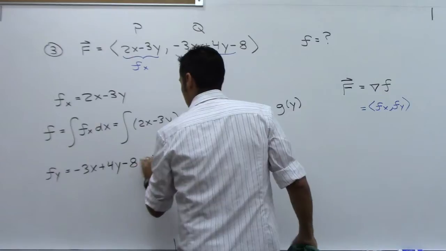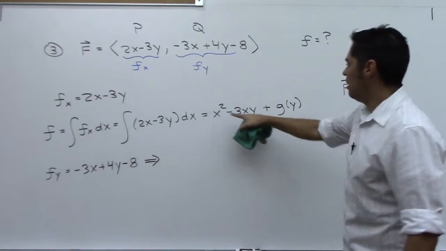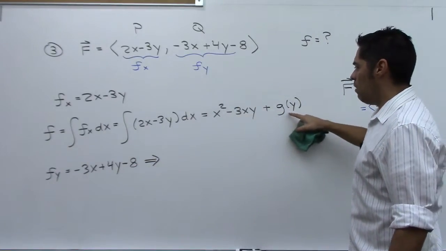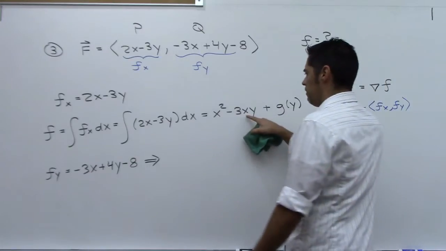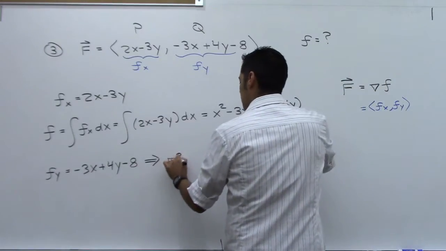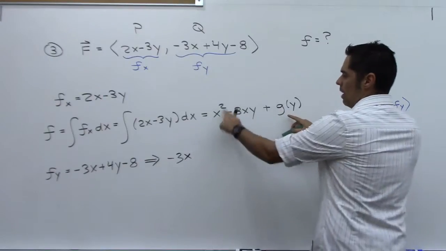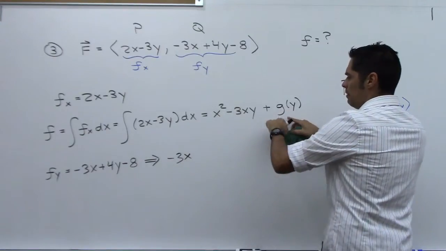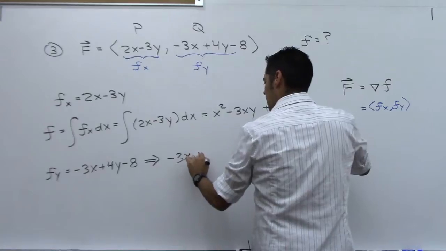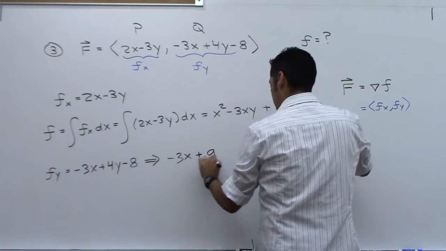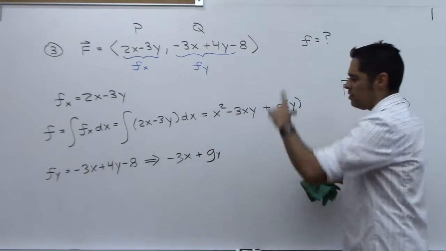But that implies that if I take the derivative of this with respect to y, which I'm about to do, what is the derivative of this with respect to y? We get -3x, and the derivative of x squared is 0. The derivative of this with respect to y, I'm going to say is the derivative of g with respect to y, which I could have just written g prime.